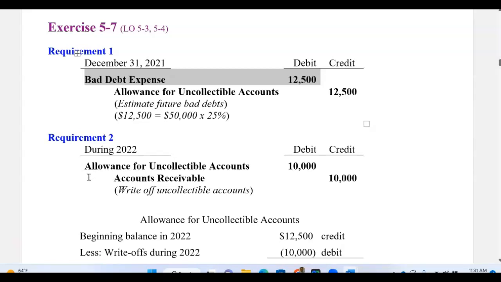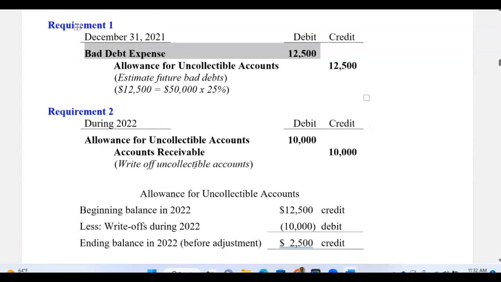So in order to write this off, you debit the allowance for $10,000, and credit accounts receivable for $10,000. In that situation, your allowance has a $12,500 credit side balance, and your accounts receivable will be written off by $10,000. That means you should have about $40,000, let's say, accounts receivable.